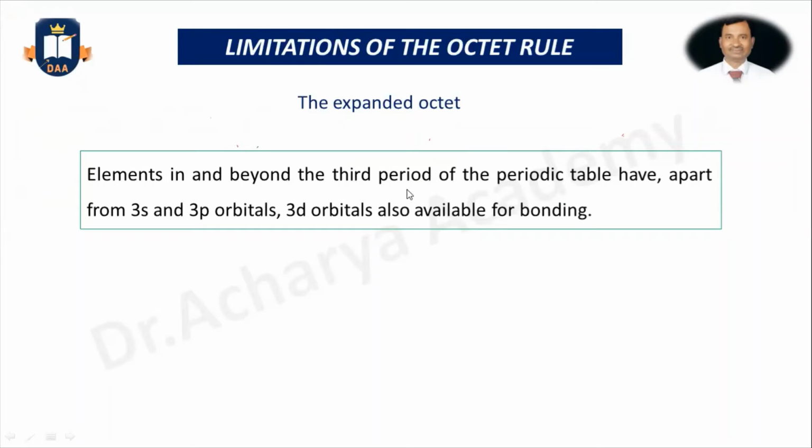Elements in and beyond the third period have, apart from 3s and 3p orbitals, d orbitals which are available for bonding. That is the reason they can expand beyond the octet rule. That means they can have more than 8 electrons in their valence shell.